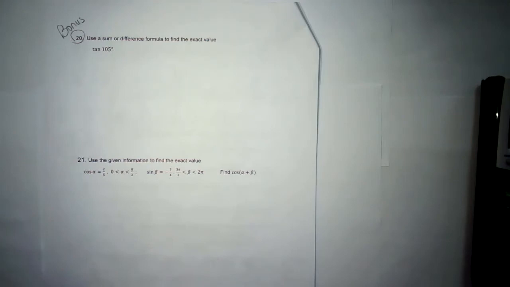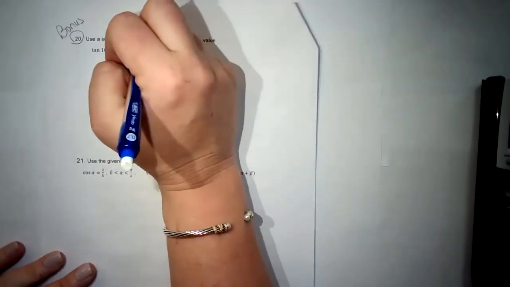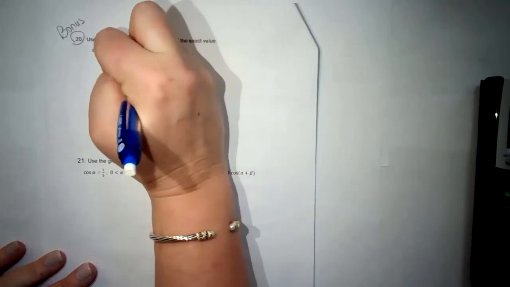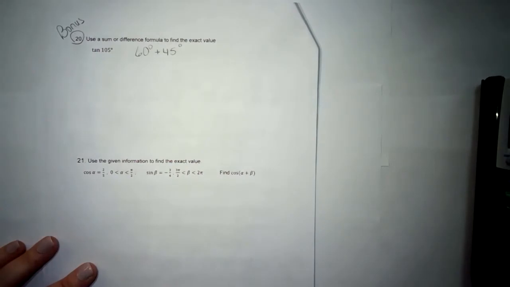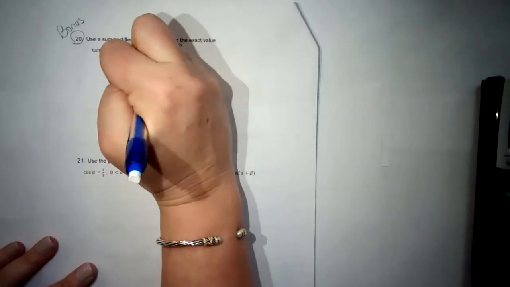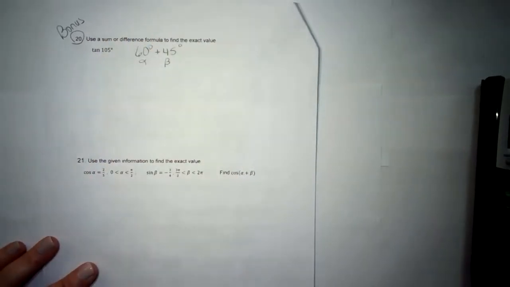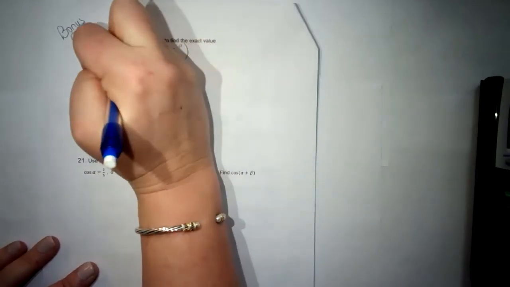You're going to come up with 2 angles that add together to be 105, because that's who we have. So who do we think we could add together to get 105? Perfect. How about 60 plus 45? This would be our alpha, this would be our beta. That's who we're going to use.